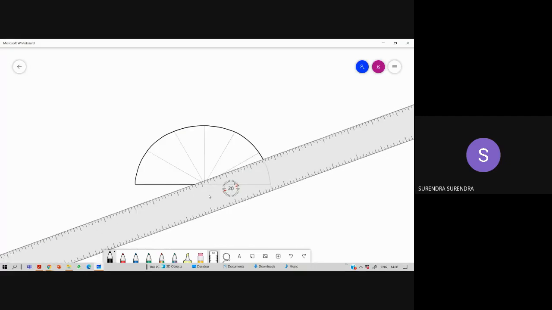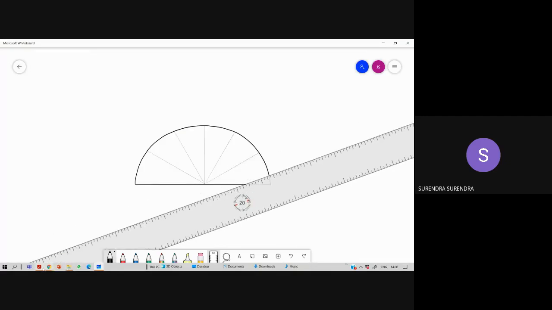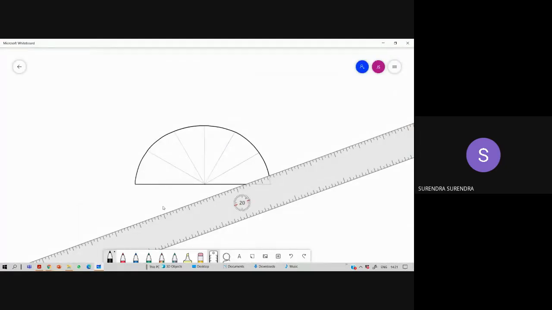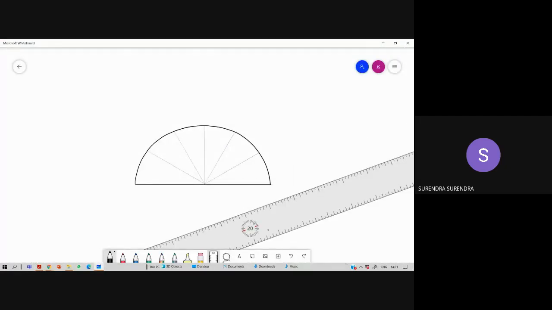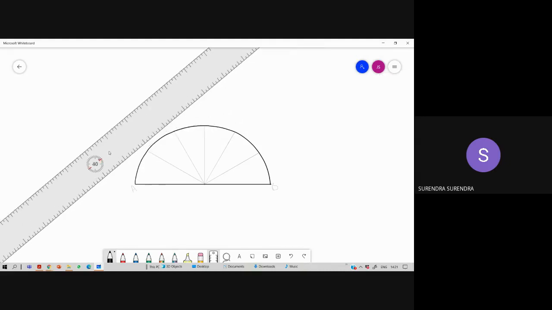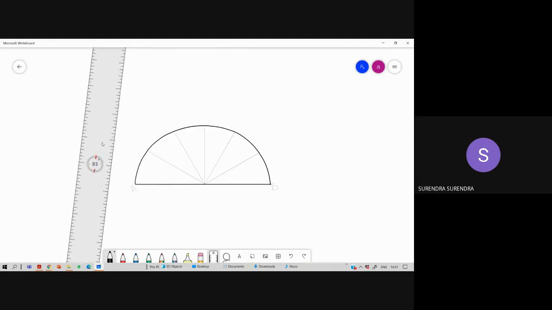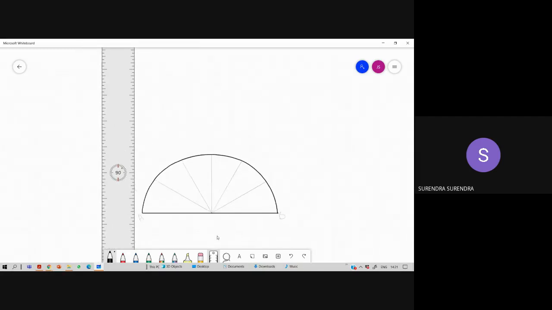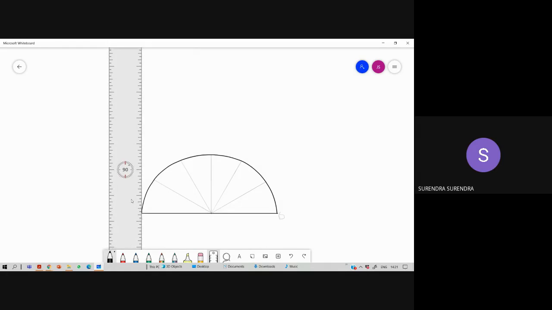So we'll draw a line. The values are also given here: the diameter is AB and the straight line is AP. So let us name these AB, and draw a perpendicular line at A, length equal to 117.